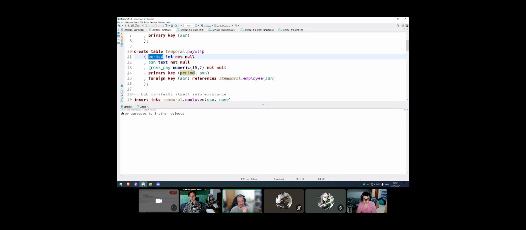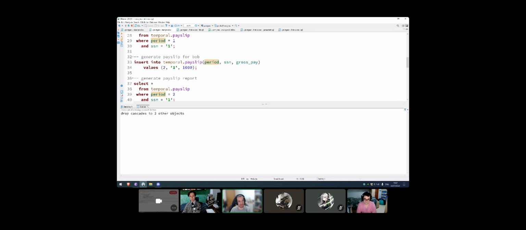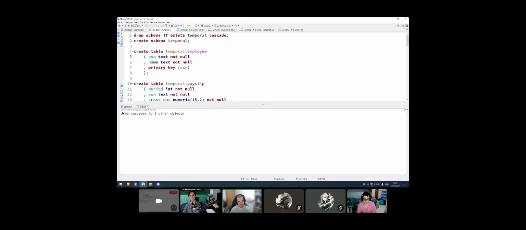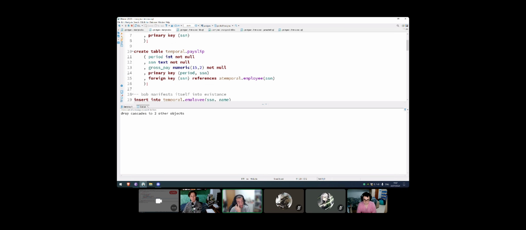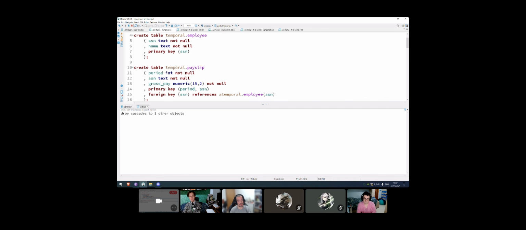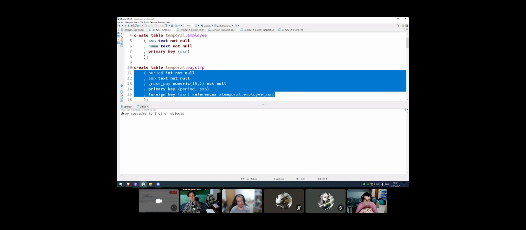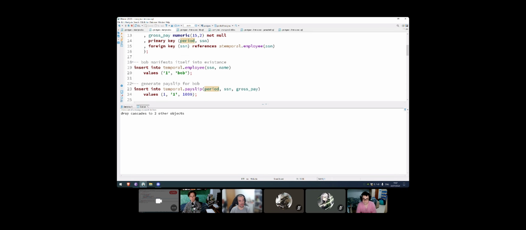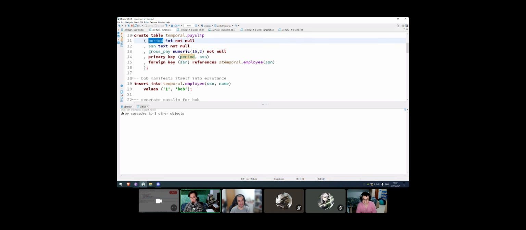In that sense, we can know, for instance, what was his pay before the raise, which was one of the questions we could not answer before. And this is quite simple yet, right? That's something you see commonly on systems, this kind of representation. That's what you mean by modeling, let's say.